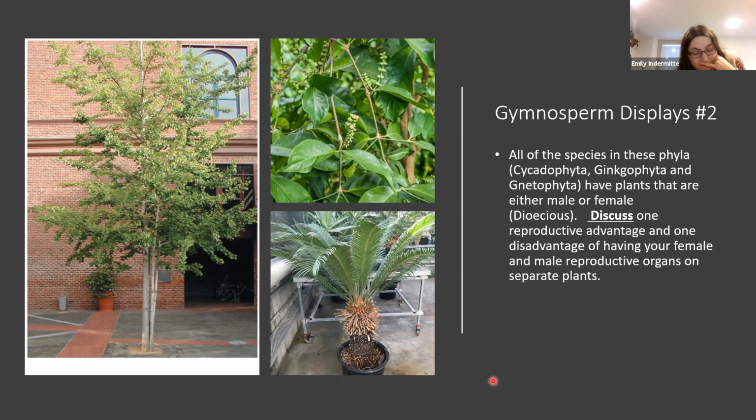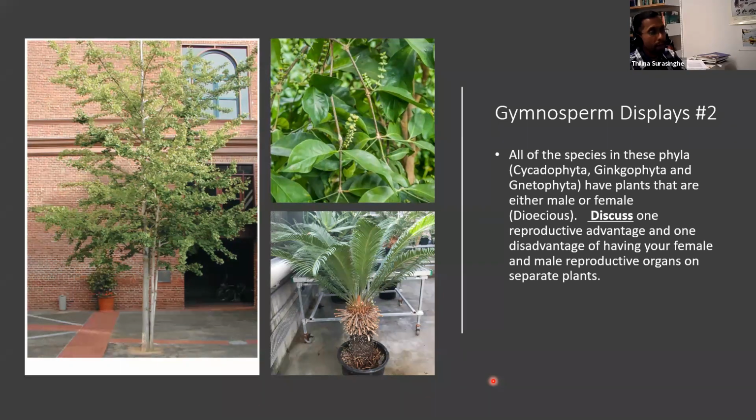Any idea? There's no risk of self-pollination? Correct. Exactly. Right? Because the same plant does not produce male and female cones. So that's actually a huge advantage. It actually increases the genetic diversity. Anything else? Any advantage or a disadvantage you may want to think here? Would a disadvantage be that it would be harder for them to reproduce?